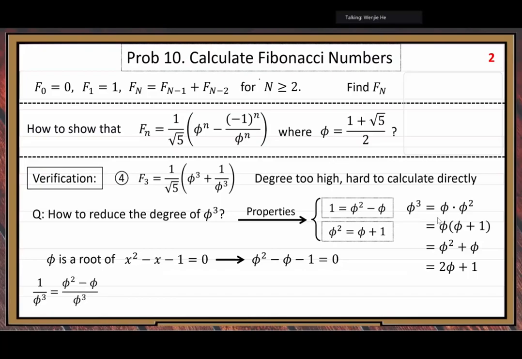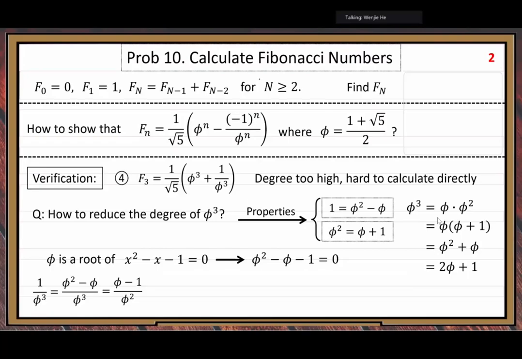After this substitution, there is a common factor phi between numerator and denominator, so we can cancel out the common factor. After cancellation, we get phi minus 1 over phi squared. You can see the degree of the denominator going down a little bit. It works, but still degree 2 is too high.